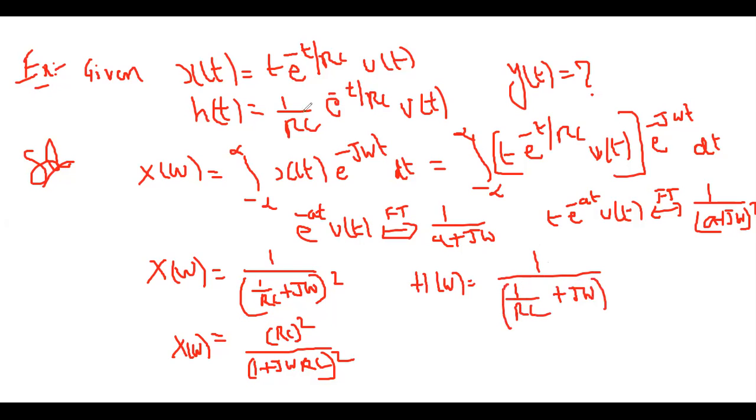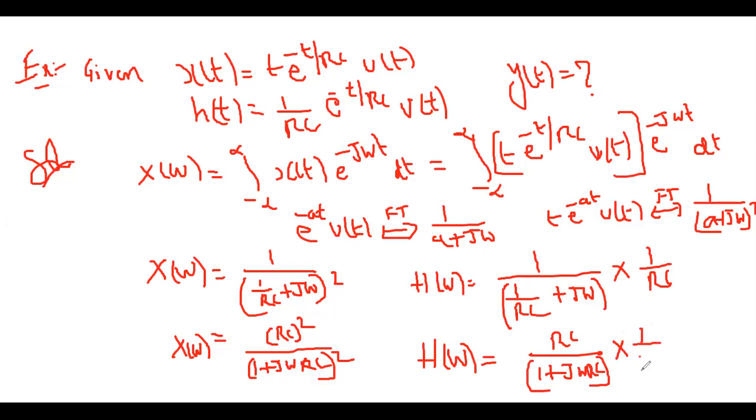There is no t here, but it is multiplied with 1/RC. Taking the LCM here also, you get in the numerator 1 + j omega RC, into 1/RC, so RC gets cancelled and it is 1/(1 + j omega RC), while X(omega) is RC squared by (1 + j omega RC) whole squared. Why is it a square? Here x(t) is given as t times the exponential.